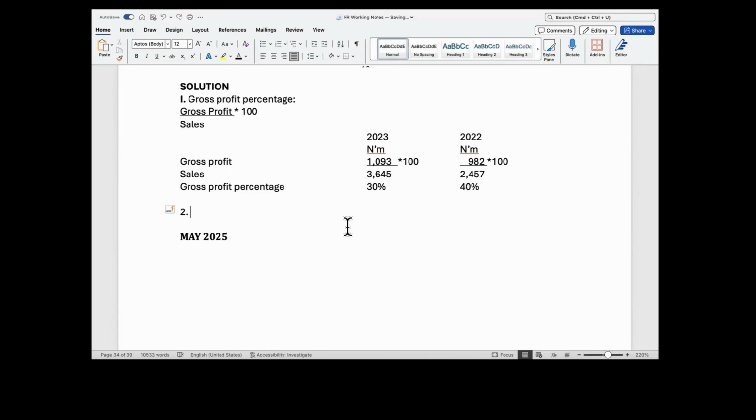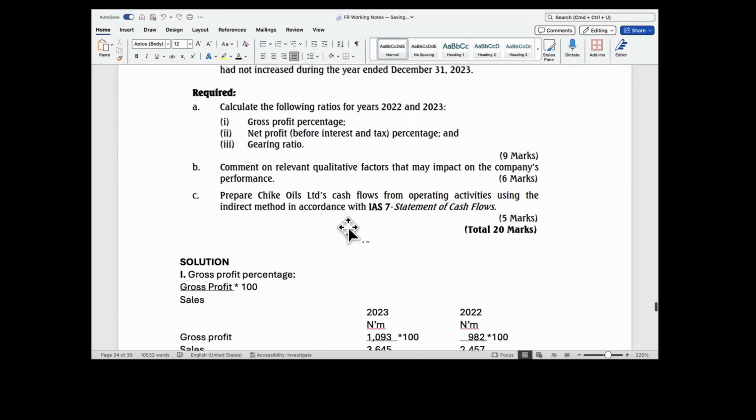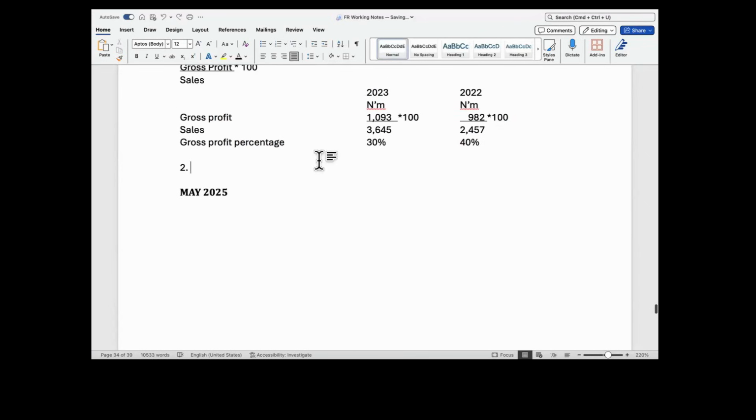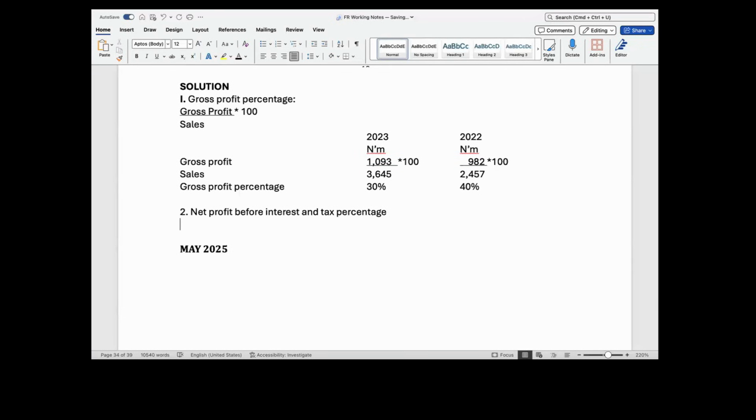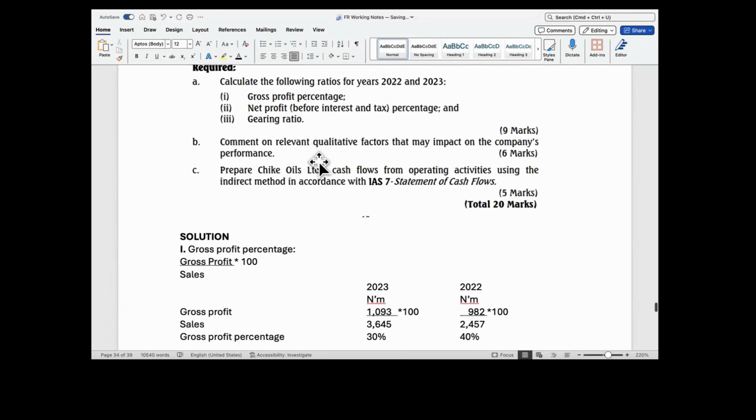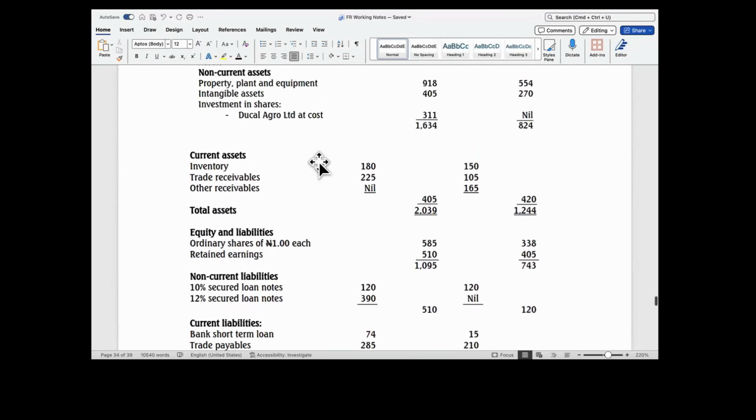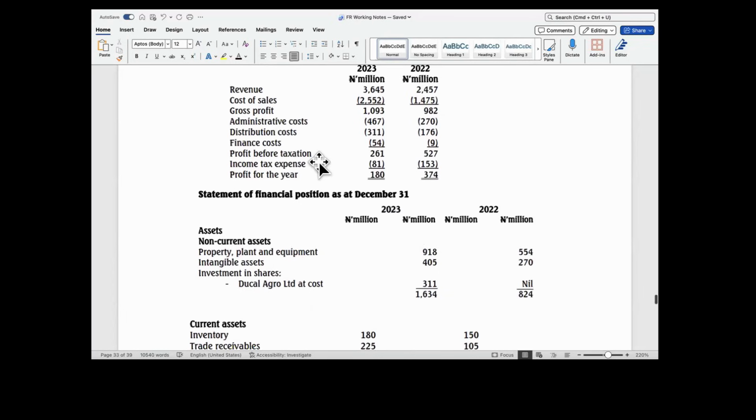Number 2, they asked to compute net profit before interest and tax percentage. So what's the formula for that? Profit before interest and tax over sales. That's correct.